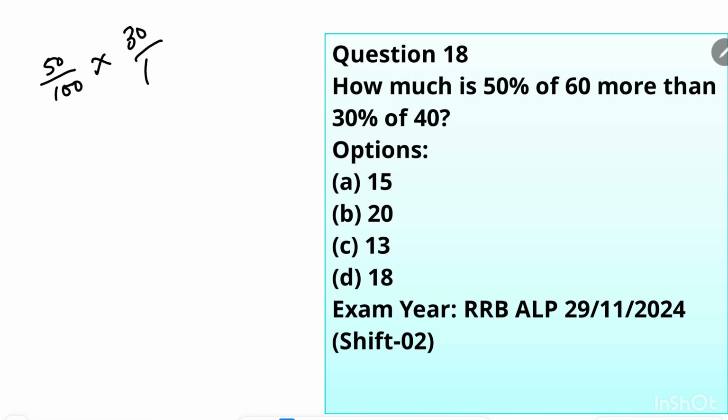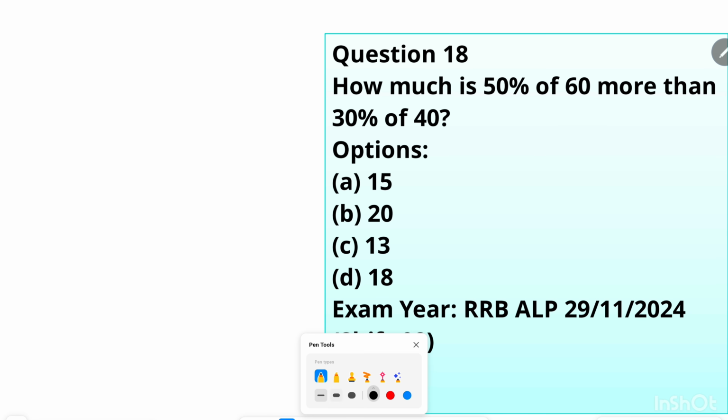You can directly cancel this percentage, because in the examination we don't have too much time. 2, 10 and 10 here, this percentage will be gone. This percentage will be gone with this zero. How much will it give?